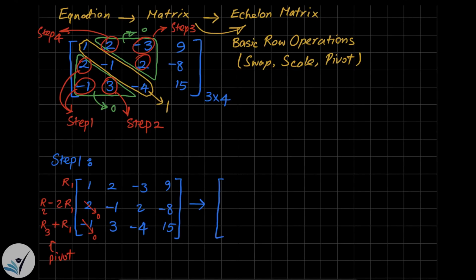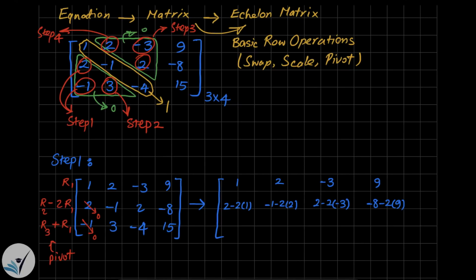So let's go ahead and apply this pivot operation. We have 1, 2, -3, and 9 on the first row. On the second row we have 2 minus 2 times 1, -1 minus 2 times 2, 2 minus 2 times -3, -8 minus 2 times 9.